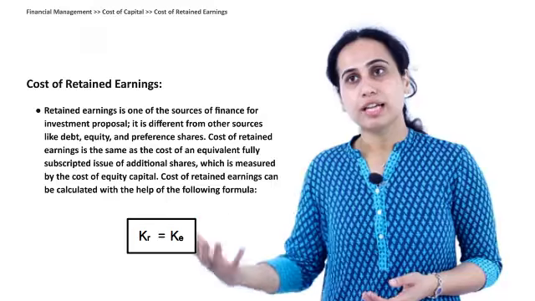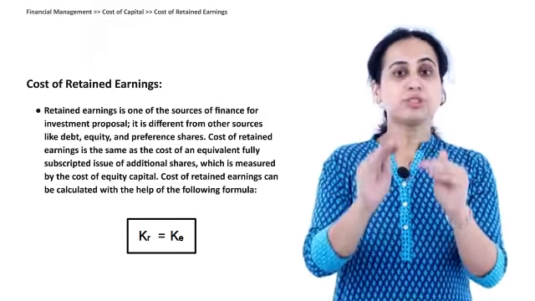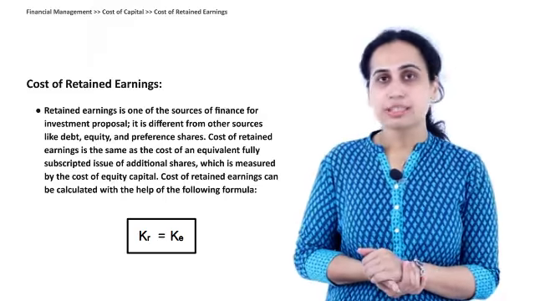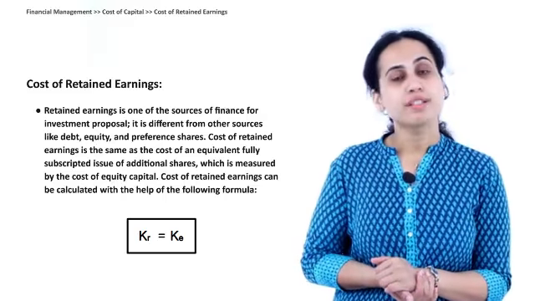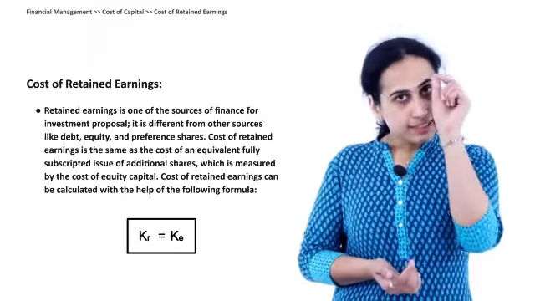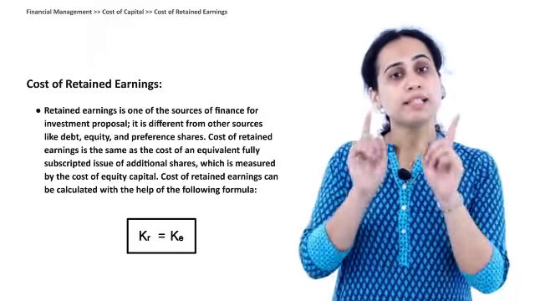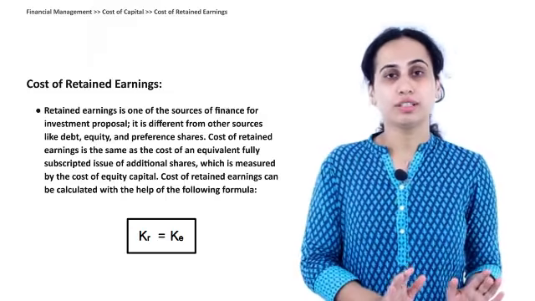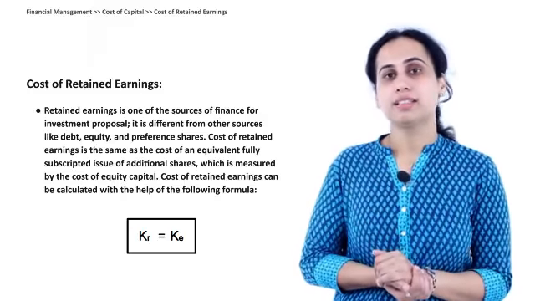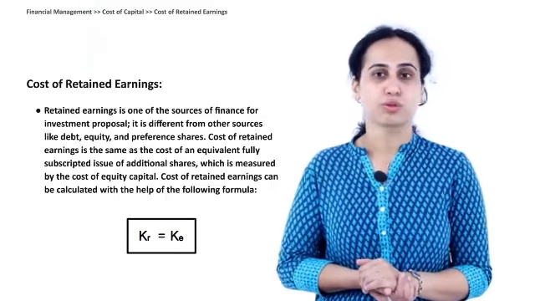Only when you see that after five years you get more return, or at least the return which you're getting as an equity shareholder. That's why the cost of retained earnings is always equal to the cost of equity. These equity shareholders' money is what retained earnings are, and these people expect the same return which they get as equity shareholders. That's why the cost of retained earnings is always equal to the cost of equity.